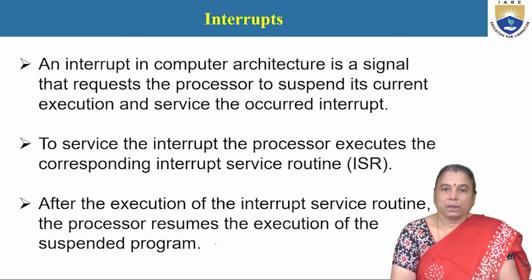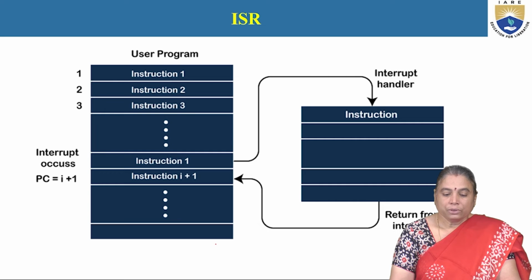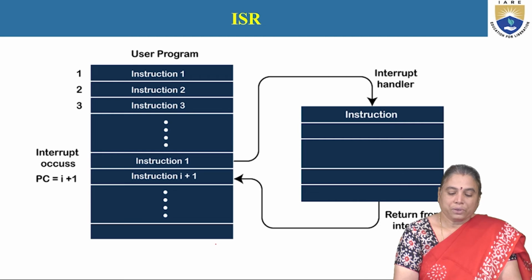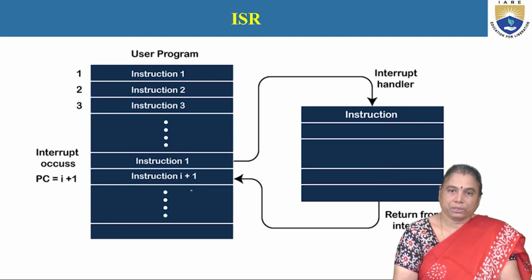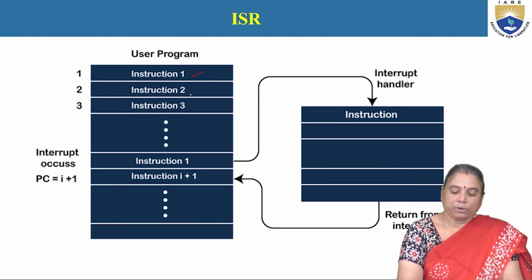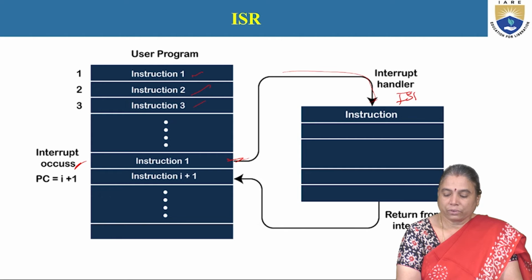In a similar way, the interrupts can be serviced. So this is the user program. The user program can have a number of instructions that are executed one after another in sequence. If an interrupt occurs here, then the control is transferred to the ISR, the interrupt service routine.